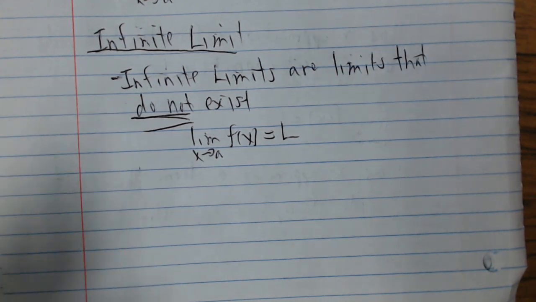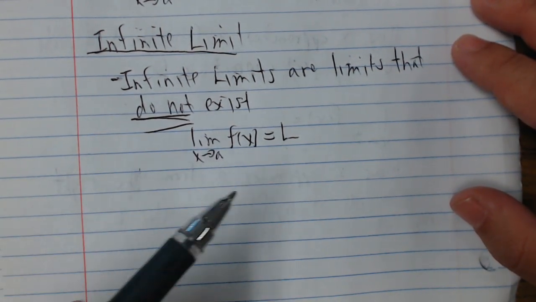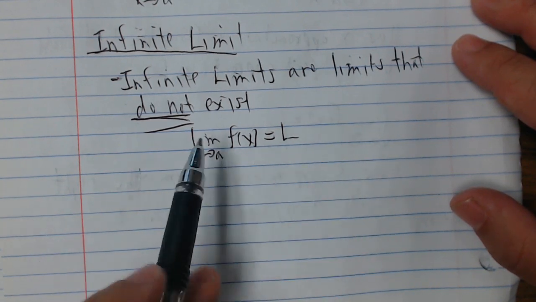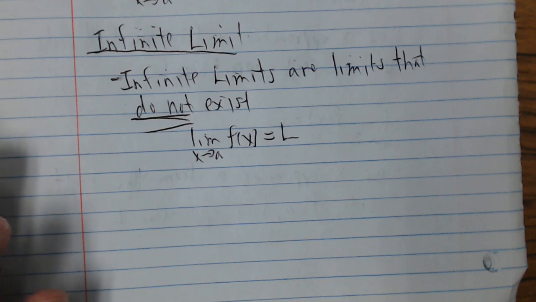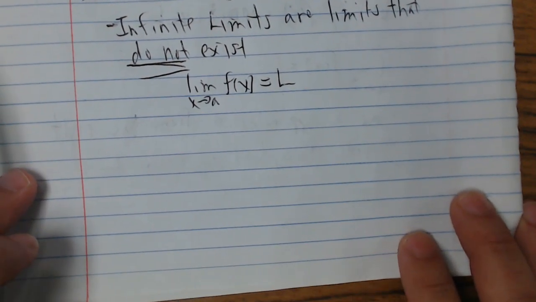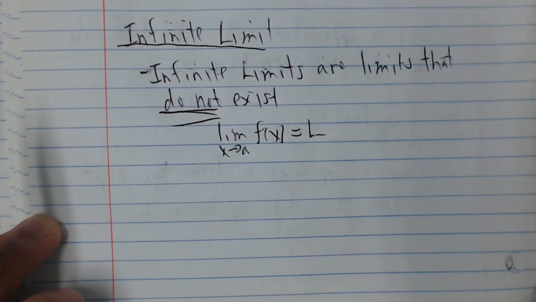It's something that gets larger and larger and larger. It's not settling down to a number. So anytime you say this limit is infinity, in other words, you're saying it does not exist. However, there's an important way of expressing these limits, and we'll talk about that right now.